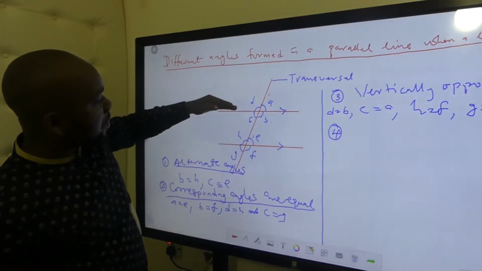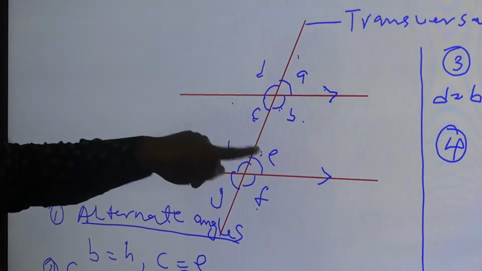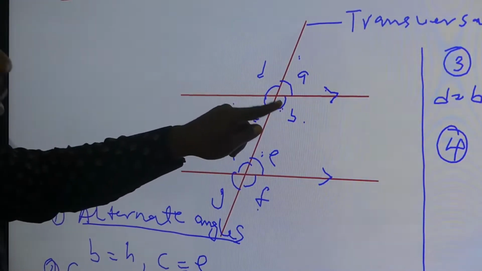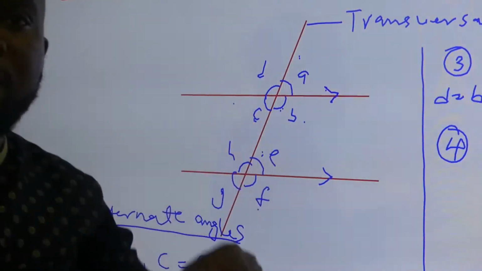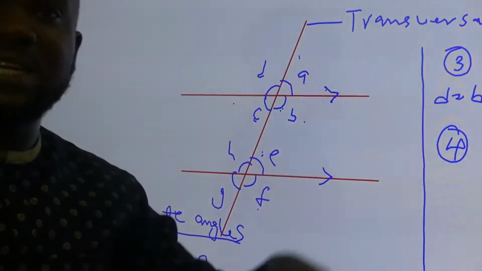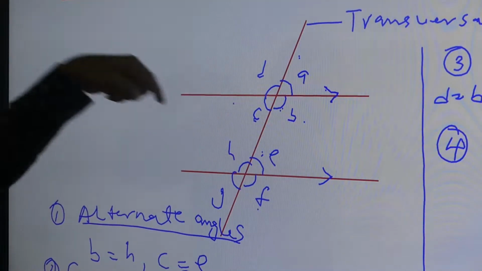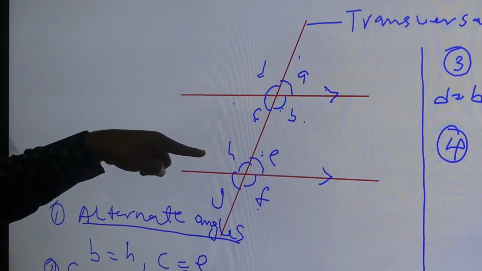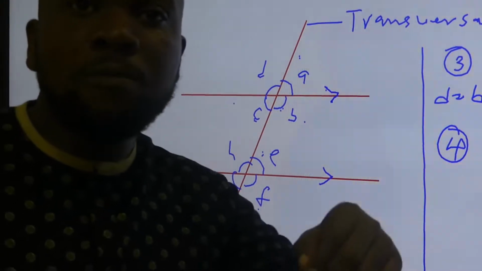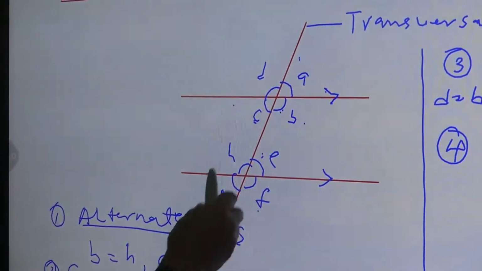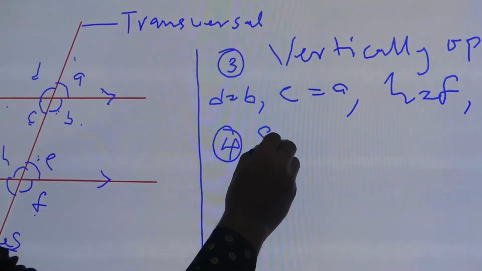If you look at these two angles inside these parallel lines, which is angle B and E, when you add them, the answer is going to give you 180. 180 means supplementary angle. Also C plus H is equal to 180. I mean sum; sum is addition.